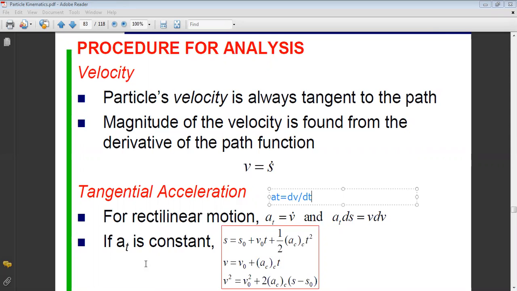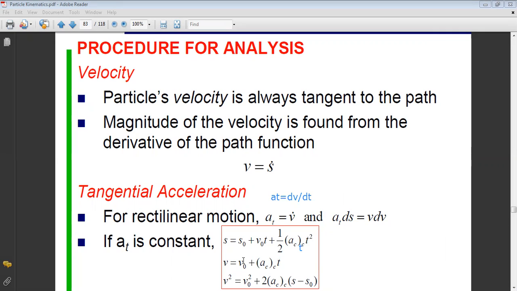So here, if at is constant, you can apply the same relations we have applied before for s and v. So s is s0 plus v0 t plus half at, which is constant, times t squared. And if at is not constant, we go back to the differential relations and we integrate.